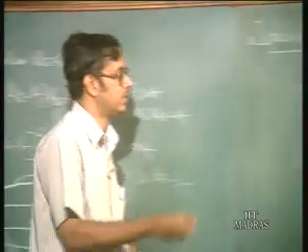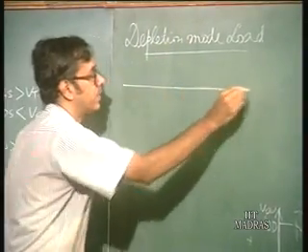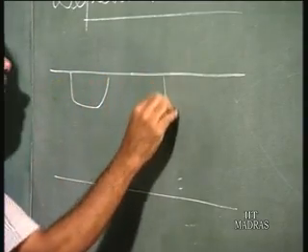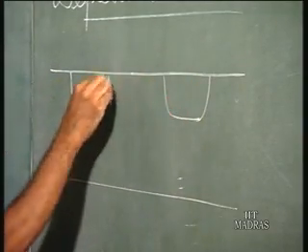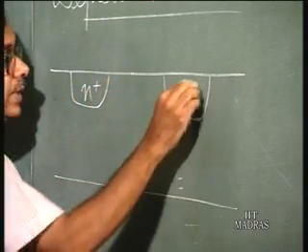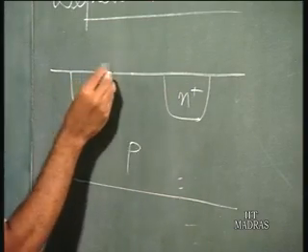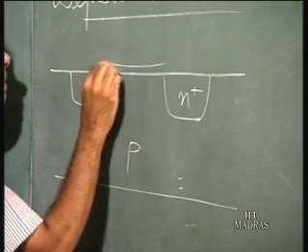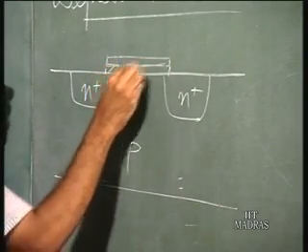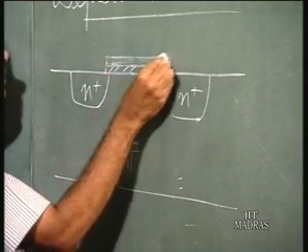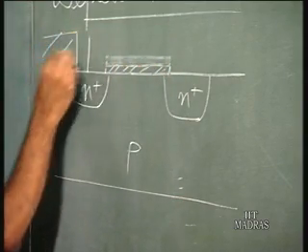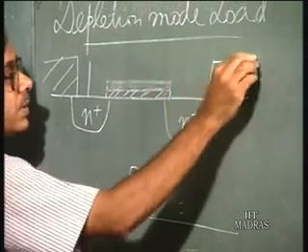So, the construction of the device or the cross sectional view of the device is something like this. Well, in a normal n channel MOSFET you have the structure like this, as we have seen already. So, this is the oxide, this is the metal. So, you have the MOS structure, this is the N source.